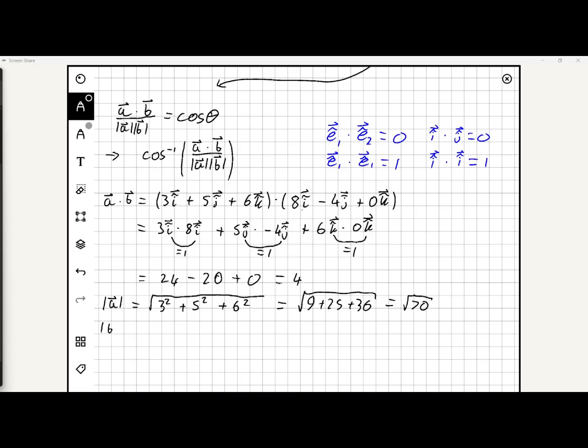Then we have the magnitude of b, which is 8 squared plus minus 4 squared, and obviously it's plus 0 squared in the k direction, but we don't need to put that. So that gets us 64 plus 16, which is square root of 80.